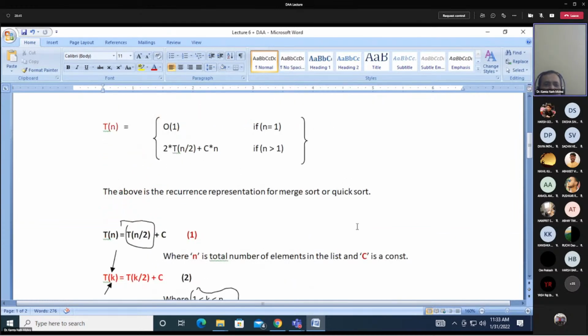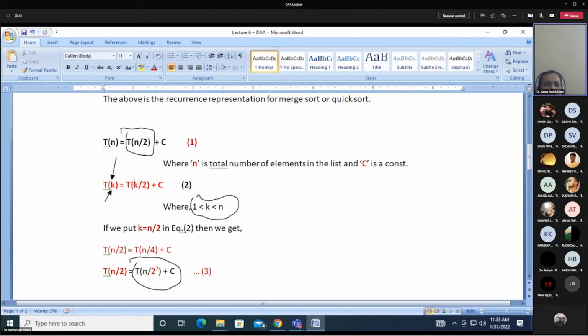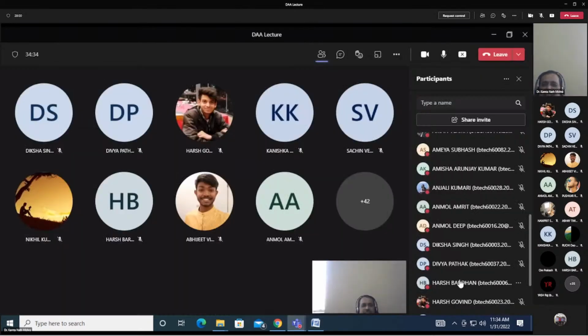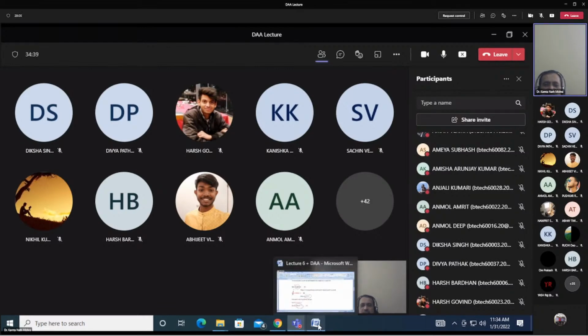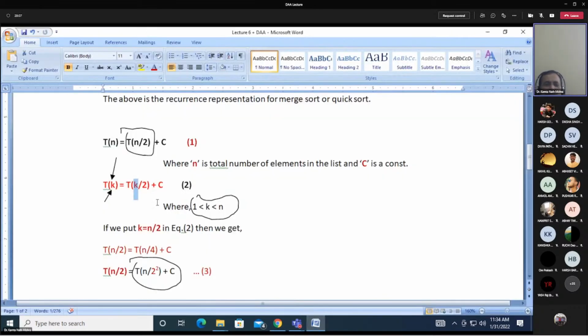At the place of k, you write n by 4. Tn by 4 equals Tn by 8 plus constant.